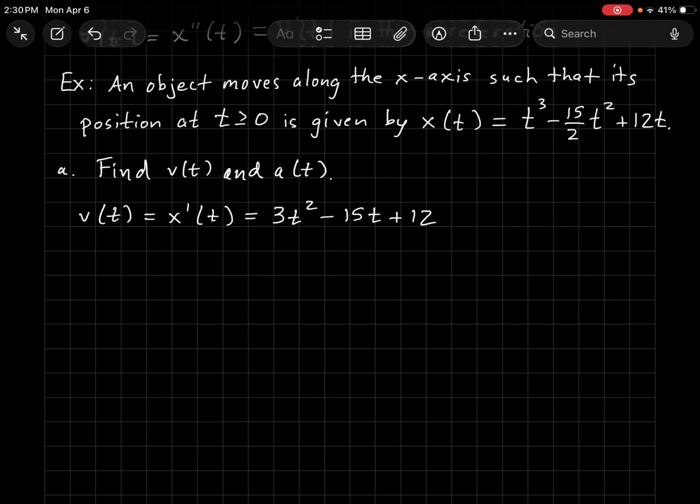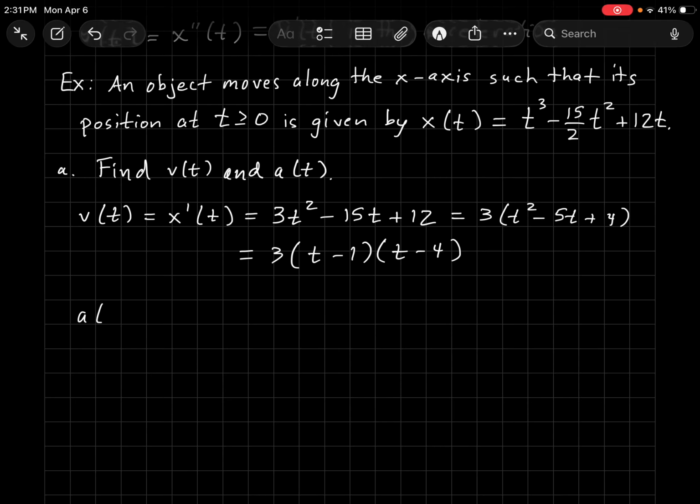And I'm going to go ahead and simplify this a little bit. Let's start by factoring out the 3. So we get 3 times t squared minus 5t plus 4, which equals 3 times t minus 1 times t minus 4. Come back to that in just a bit.